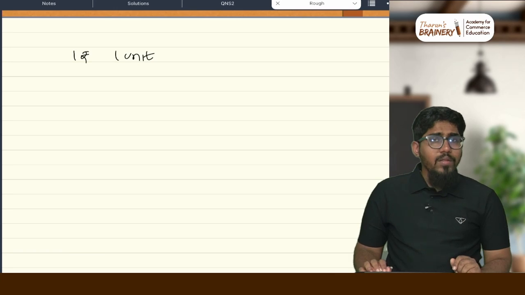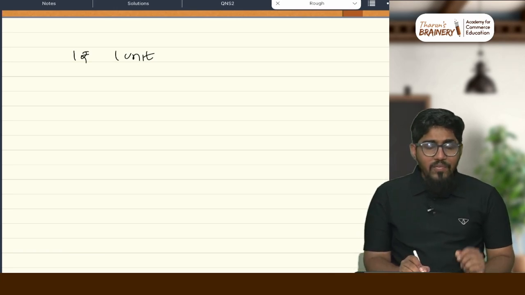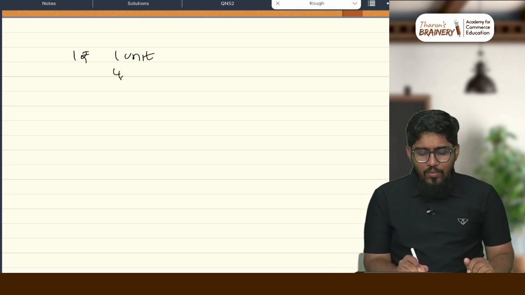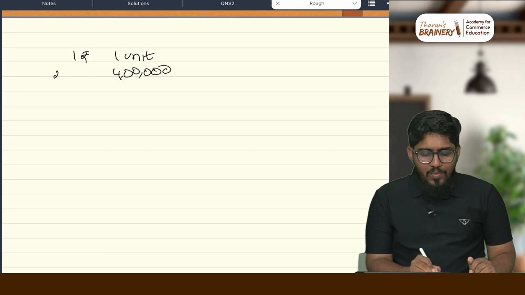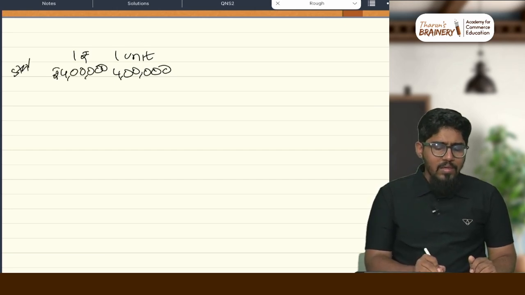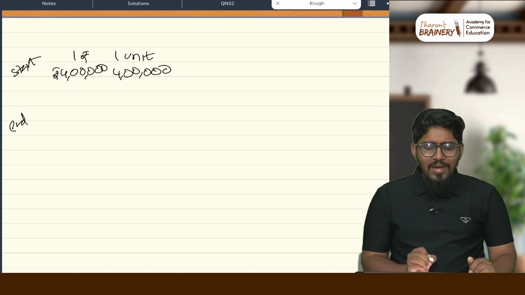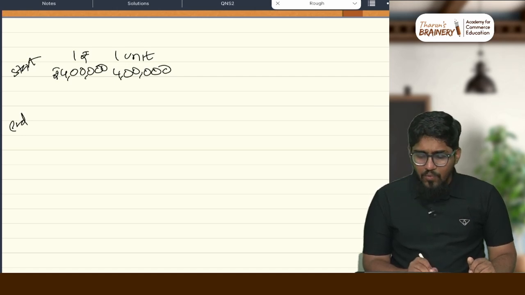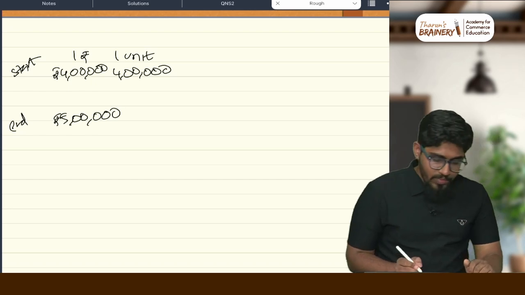I have totally raised 4 lakh units, which means I got 4 lakh rupees at the start of the year. Let us say at the end of the year, this 4 lakh rupees becomes 5 lakh rupees.